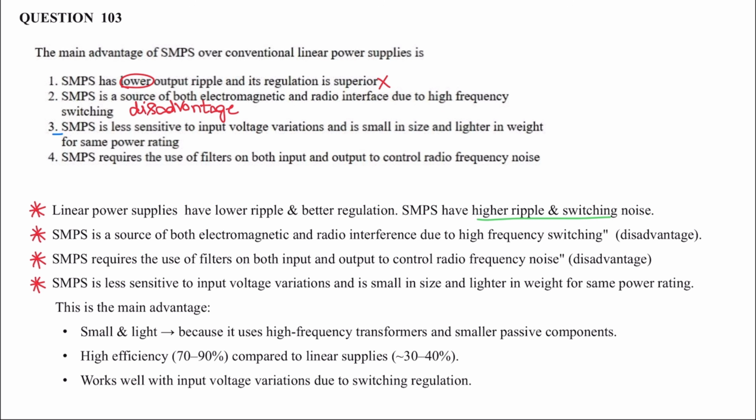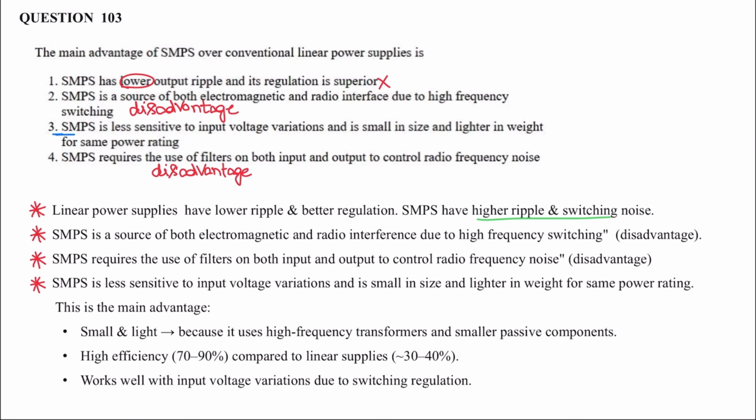Option 3. SMPS is less sensitive to input voltage variations and it is small in size, lighter in weight for same power rating. Option 3 is correct. Option 4. SMPS requires the usage of filters on both input and output to control radio frequency noise. Option 4 is also correct, but it is not an advantage, it is a disadvantage. Therefore, correct answer is option 3.